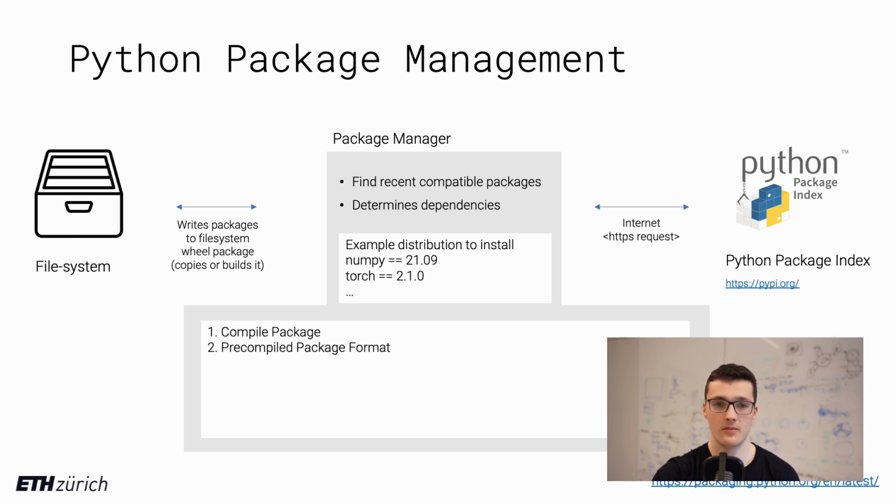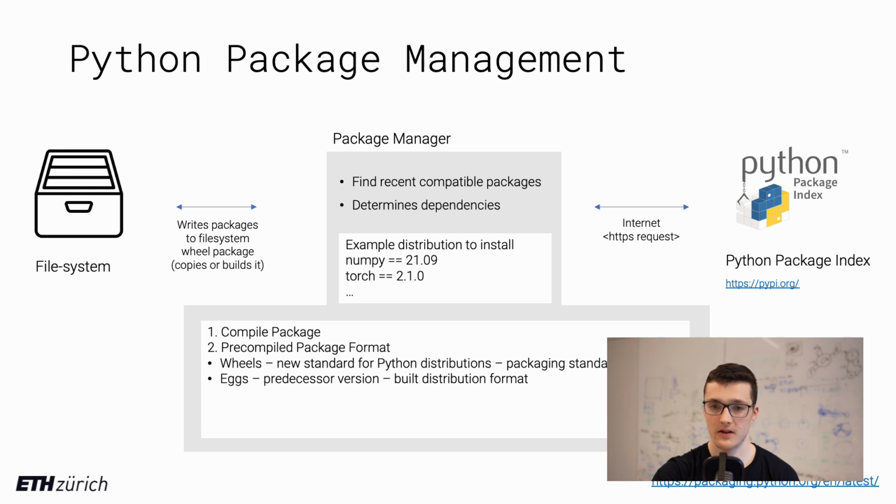Now, what this package manager can do is either compile a package from scratch, or make use of pre-compiled package formats. There are namely 2 formats, and you should not be intimidated if you don't understand the details, but everything you can read is at the link at the bottom right here that you can just follow, and it's very easy to figure out what actually happens.